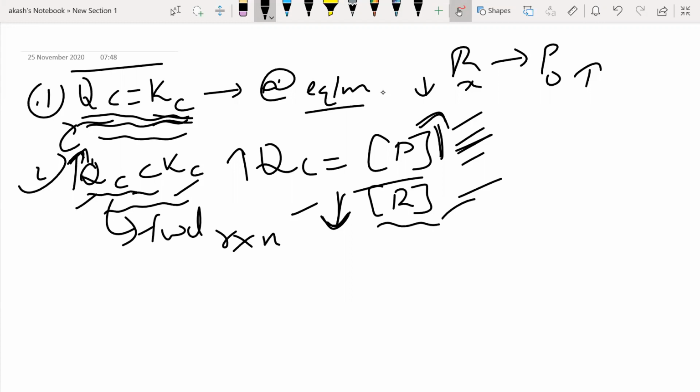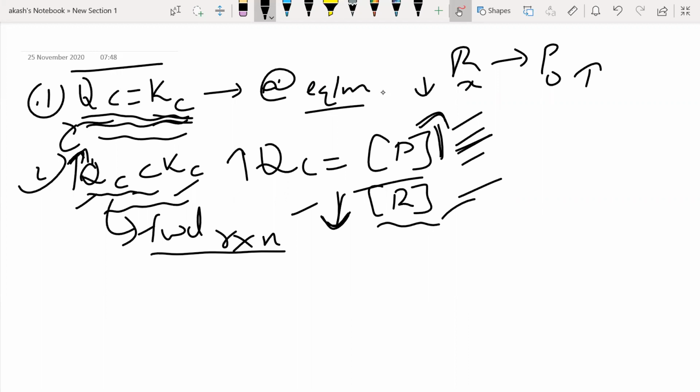So if you substitute the initial concentrations and find that the QC value is lesser than the Kc value, which is already known and will be given to you, don't worry, then definitely the reaction is going to move in the forward direction. Okay. Fine.